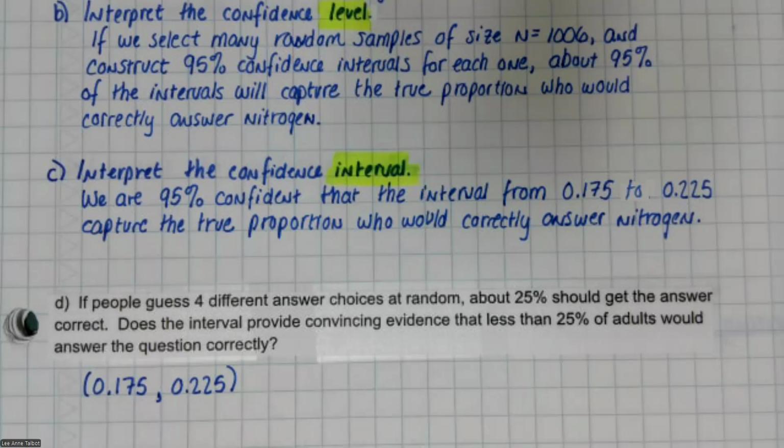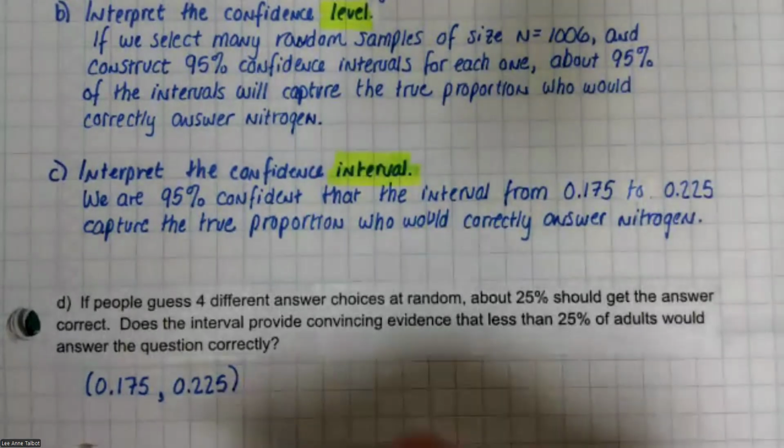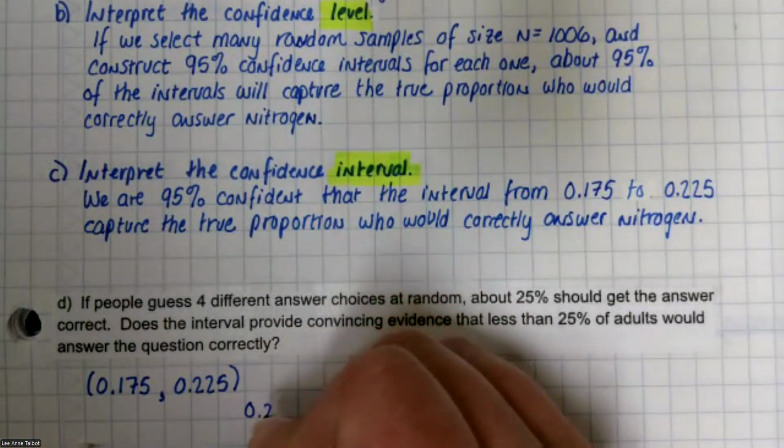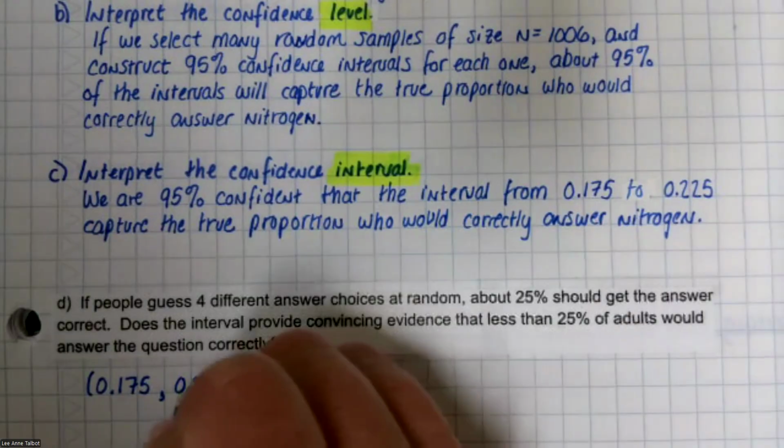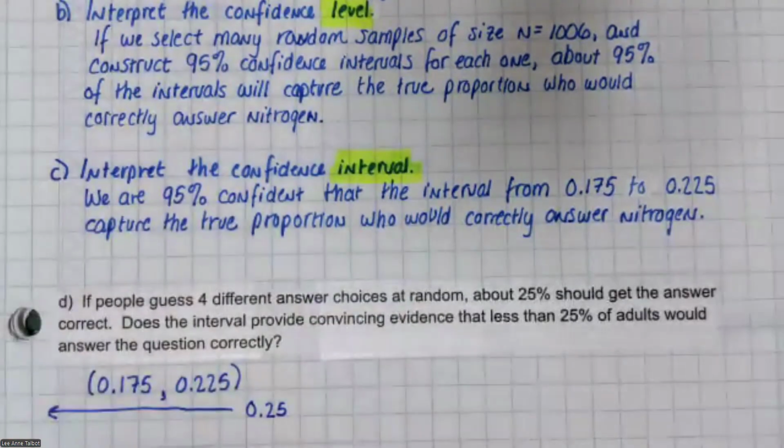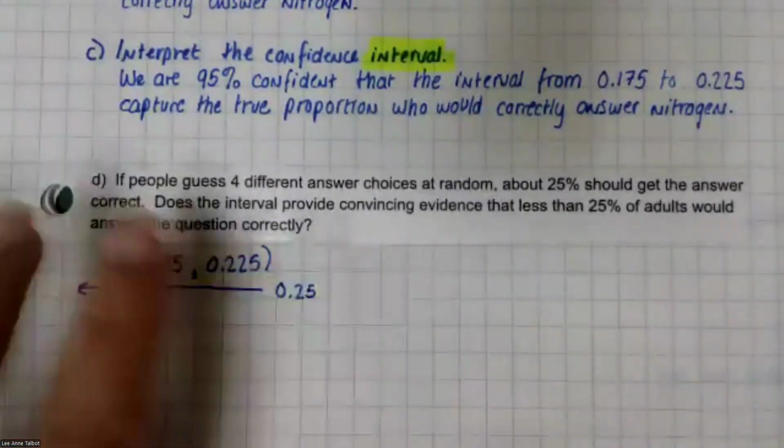Is this convincing evidence that it's less than 25%? Yes, because everything in here is less than 25%. Where would 25% be? Above it, right? Okay, so I like to think of it this way. Less than 25% covers the whole interval.